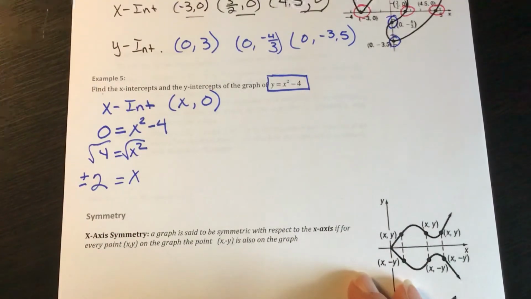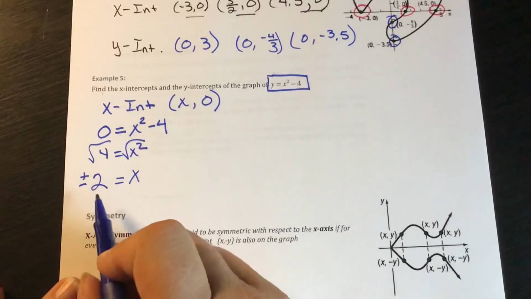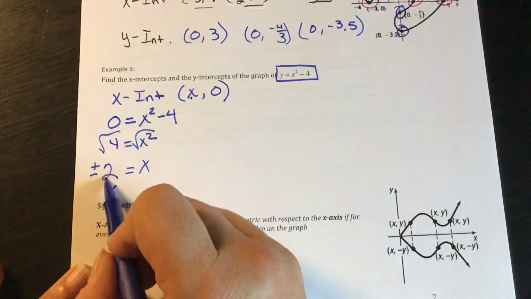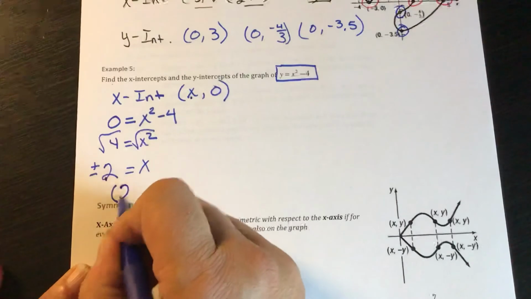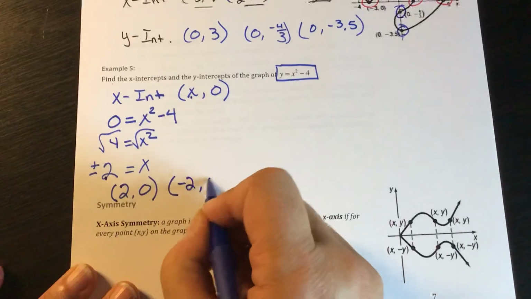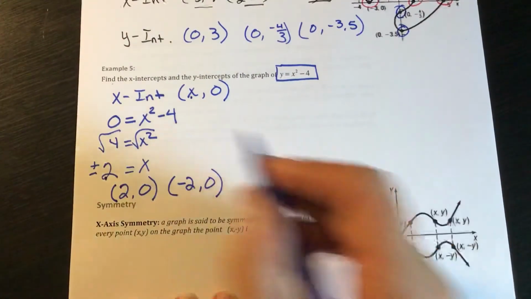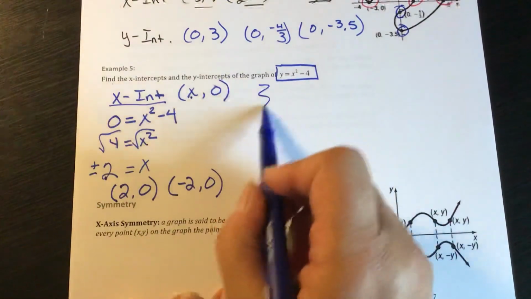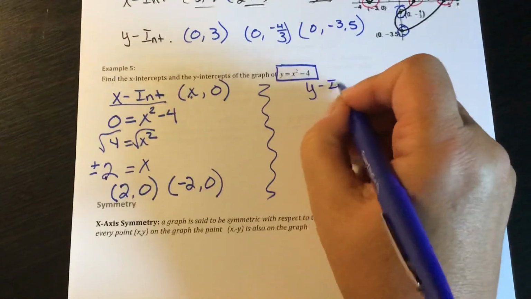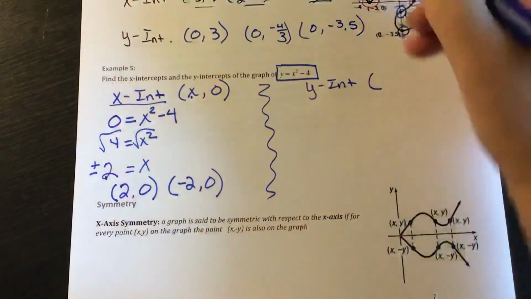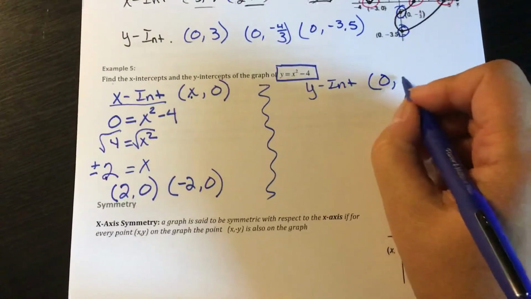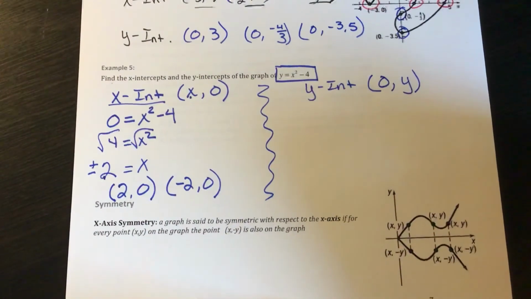So this one is going to have two x-intercepts, and one is going to be the x value that we get when we solve the equation, positive 2, 0, and the other one is going to be negative 2, 0. Okay, so those are the x-intercepts. Now to find the y-intercepts, remember from above, the coordinates of a y-intercept is 0 for x and then the y value.